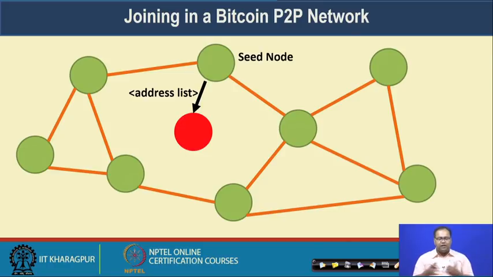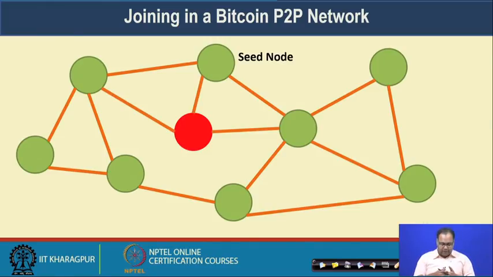In response, the seed node will send you a set of addresses whom you can consider as peers. Among that set of addresses, you can select a certain random number of nodes, create a peering relationship with them, and join this overlay network.